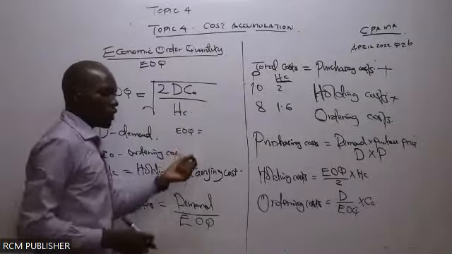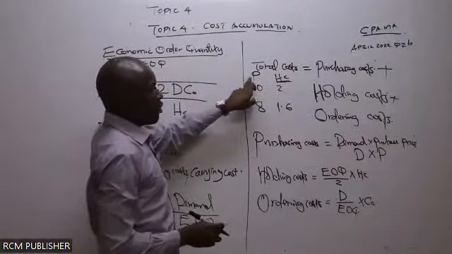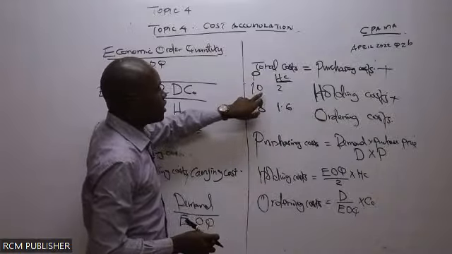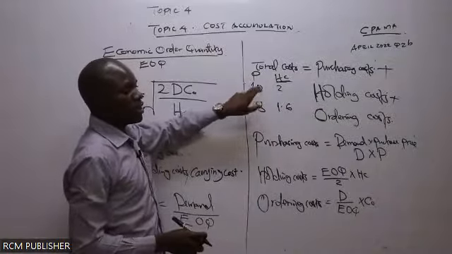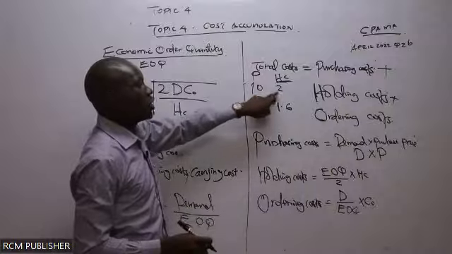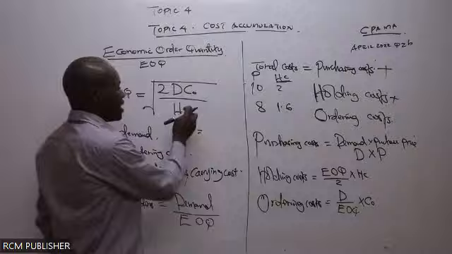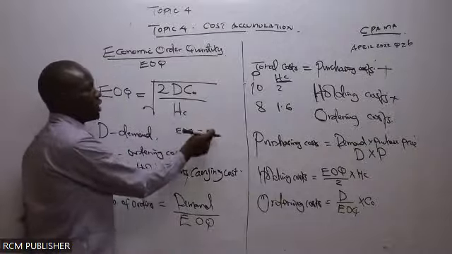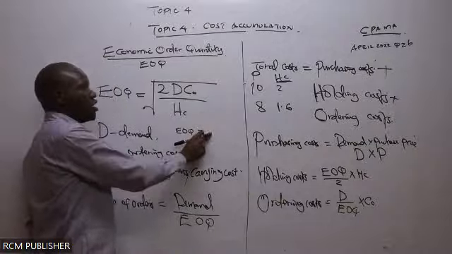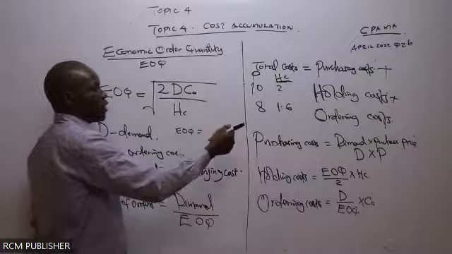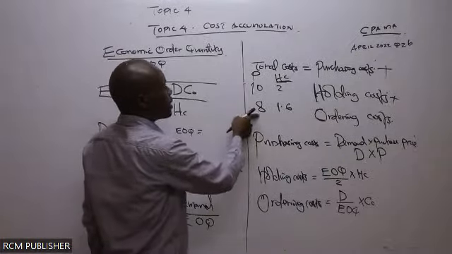They peg it on the purchase price, whereby if you buy this number of units, the purchase price is 10. You get holding cost of 20% on the purchase price, so your holding cost will be 2. That is the only thing that is changing. You get your economic order quantity. If you increase the quantity, they are telling you that the purchase price now is 8.